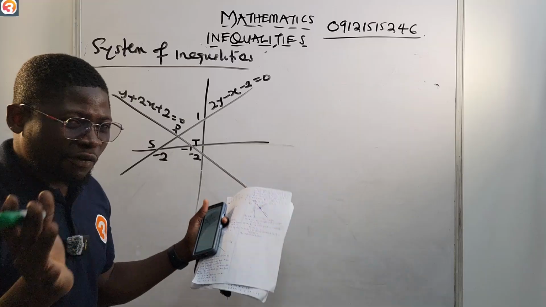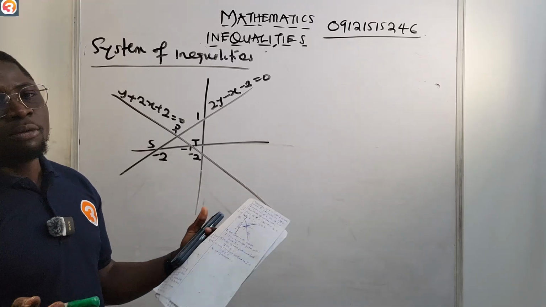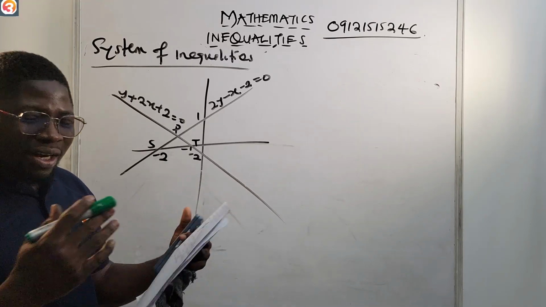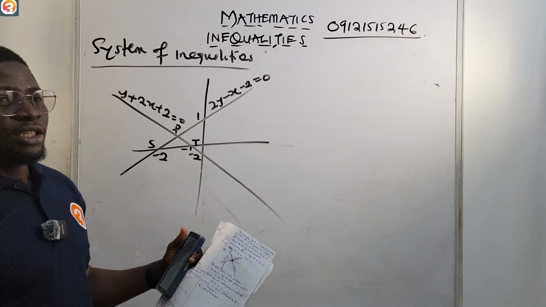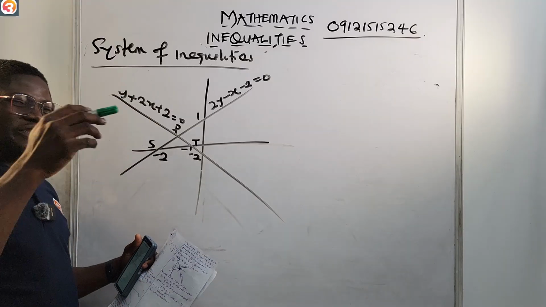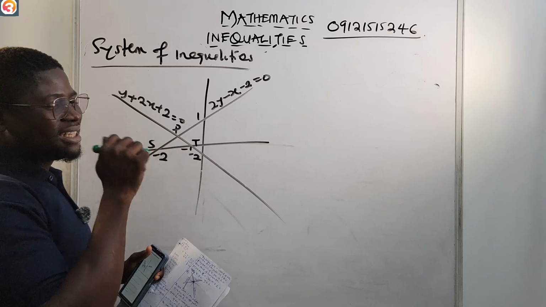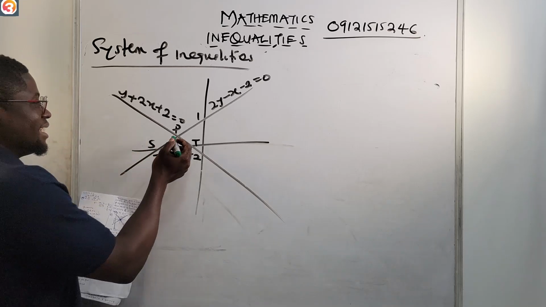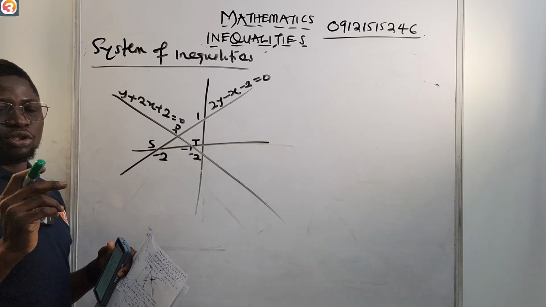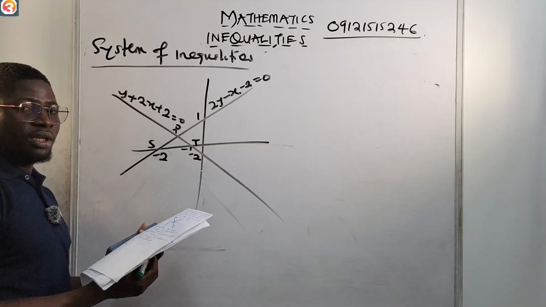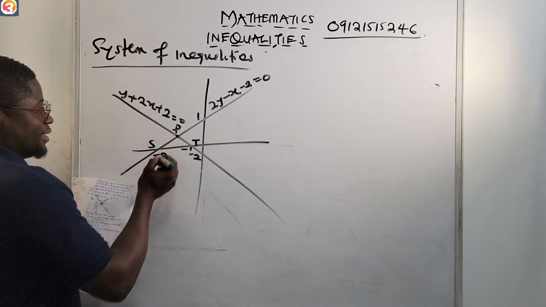So in a system of inequalities, we're having more than two inequalities coming together. All right. So now the point of intersection of all of the equations involved in the system is the solution. So that's why I'm saying this triangle gives us that solution, because there's a point of intersection here.